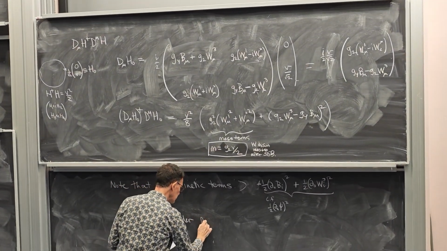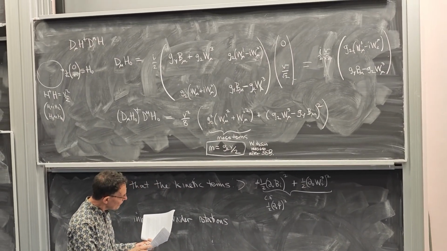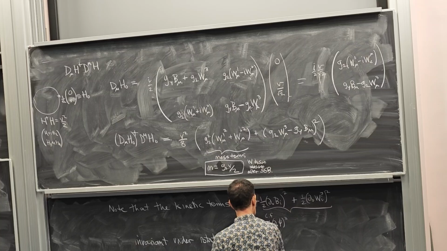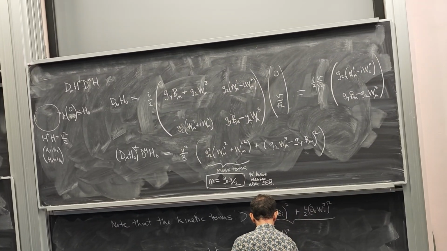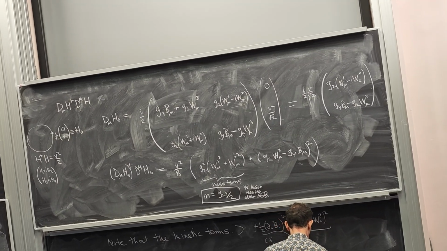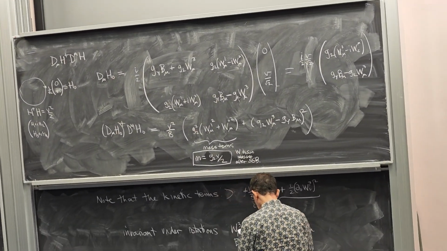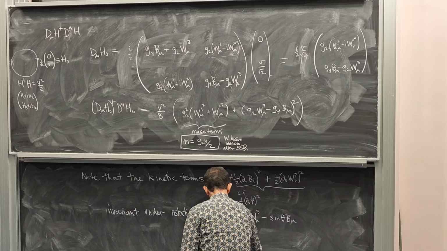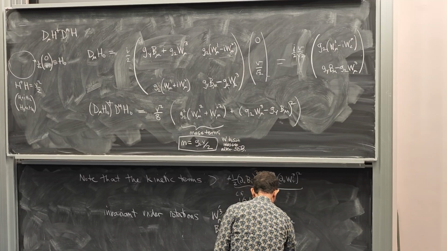under rotations. W mu 3 goes to cosine theta W mu 3 minus sine theta B mu, and B mu goes to, let's call that W prime 3, and B prime mu is cosine theta B mu plus sine theta W mu 3.